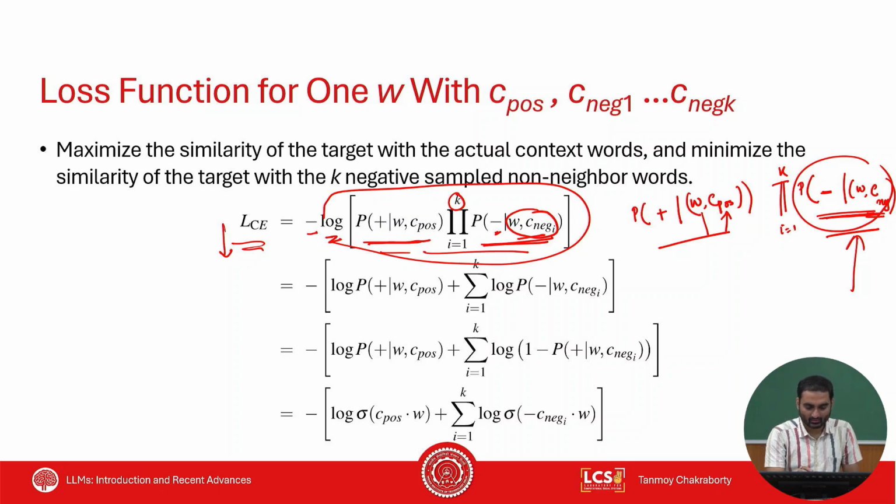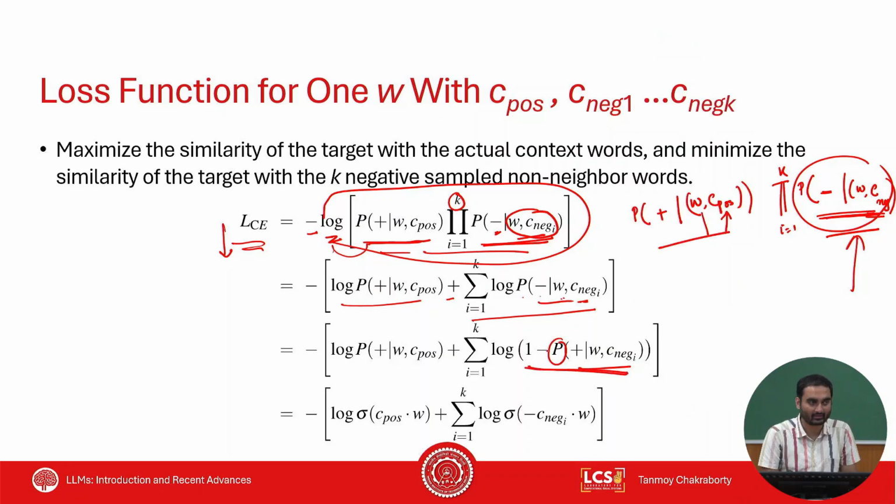Now, if you do some small arithmetic, you move the log inside. So log of this plus sum of log of this, and we have already seen that. So what is this, by the way? P of minus given W comma C neg is the same as 1 minus P of plus given this, right?